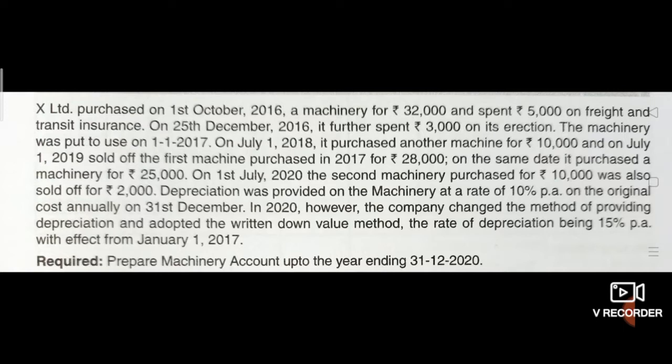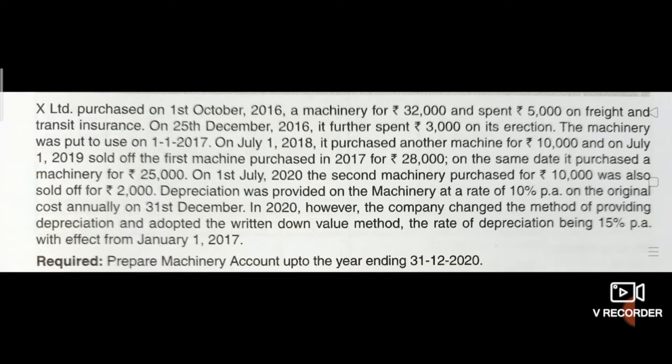So we have to prepare machinery account up to the year ending 31st December 2020. First we will do some working. First we have to calculate depreciation till 31st December 2019 by the old method, that is fixed installment method.